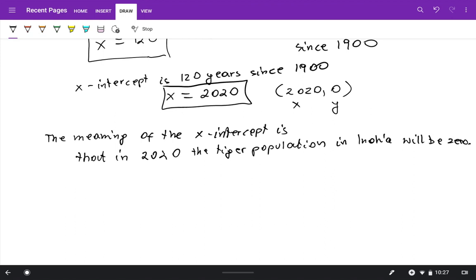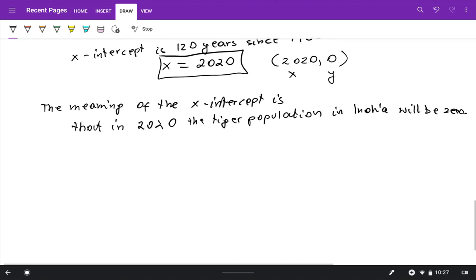Okay, I will have to check how many tigers are left in India. This one, again, is the correct equation, but this is how we solve those types of problems. So next, we'll practice a similar problem.